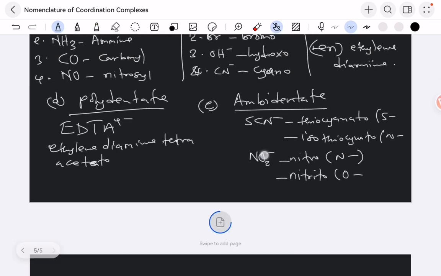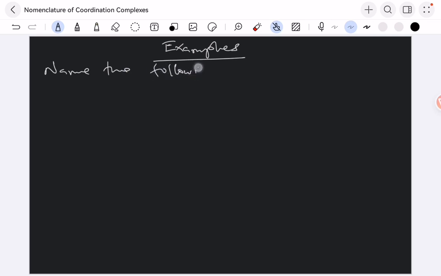From there, I would like us to look at examples where we say name the following complexes. Let me give a few examples.